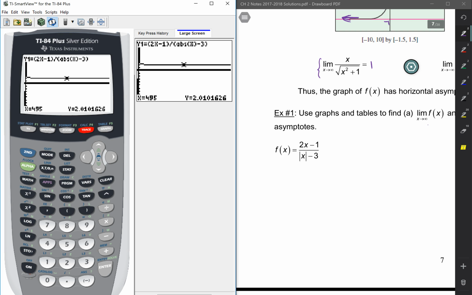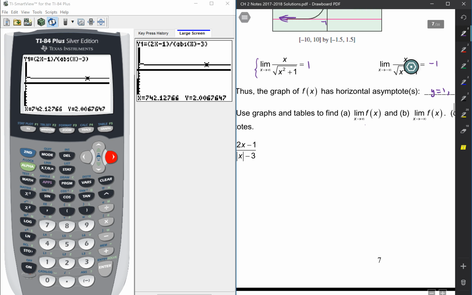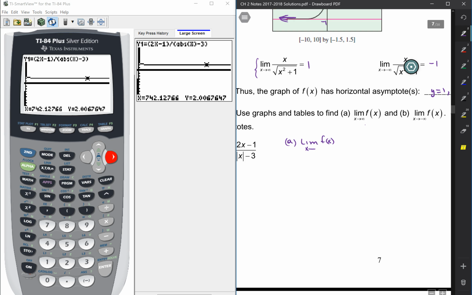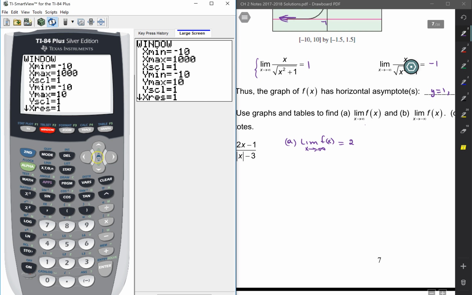Now, if I do a little bit of tracing, I want you to be comfortable using your calculator. Look at the y value. What does it look like it's going to level off to? 2, right? So I can say for part A, the limit of f of x as x approaches infinity is 2.